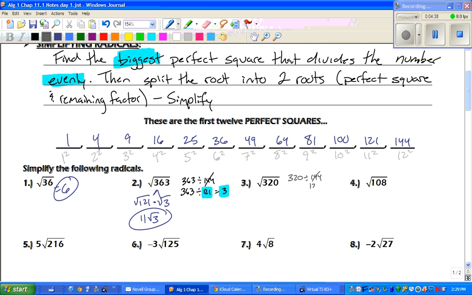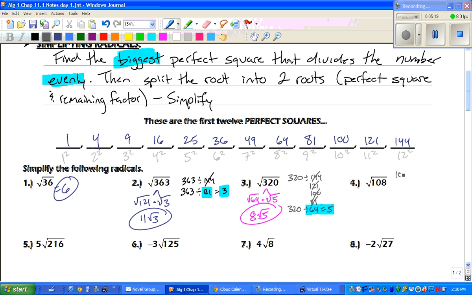You do not have to write all of this down. We want to know what it breaks down to. That's the important part. Because this breaks down into the square root of 64 and the square root of 5. The square root of 64 is 8, so we get 8 square root 5.